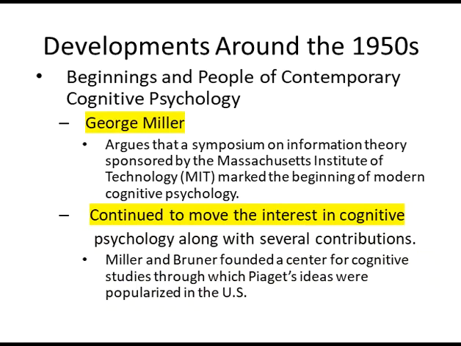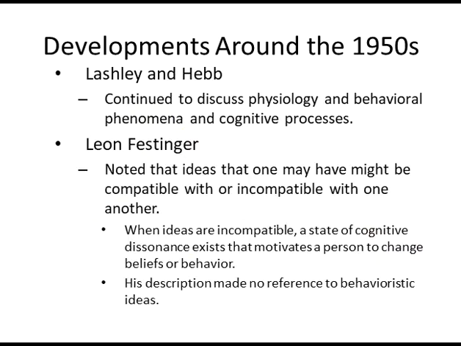So, beginnings of contemporary cognitive psychology: we saw George Miller looking at memory, for example. We see that he was very much interested in what the capacity of our memory was. He continued to move the interest in cognitive psychology along with others and other contributions as well.